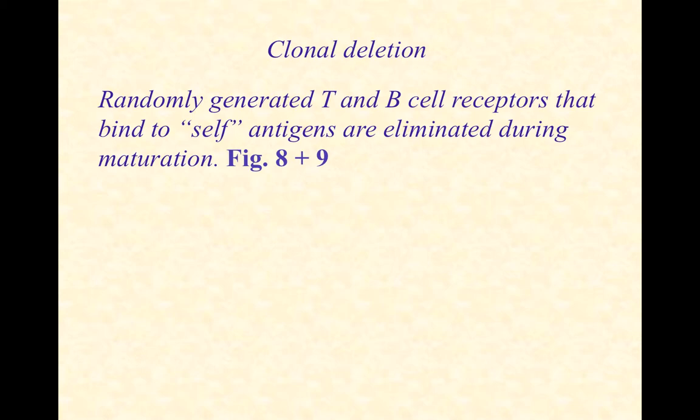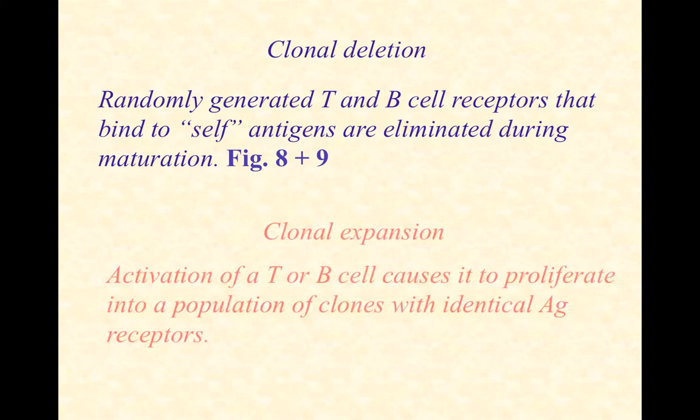So this process of clonal deletion is essential to make sure that we can distinguish self from non-self. If clonal deletion is faulty and we can't distinguish self from non-self, we're likely to have some serious immune problems, including autoimmune disorders. Take a look at figures 8 and 9 in your Bowman textbook and make sure that clonal deletion makes sense to you before you move forward.